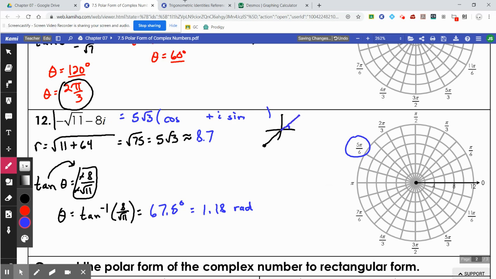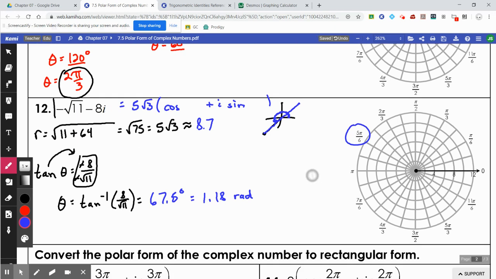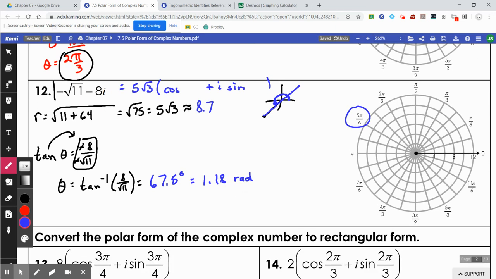So in order to find our actual angle, which needs to be a third quadrant angle, I'm glad we had this discussion. We need a third quadrant angle, which is going to be 180 plus that reference angle. Or since we're dealing with radians, instead of 180, it's going to be pi plus that reference angle. So pi plus 1.18, 3.14 plus 1.18, which would be 4.32.